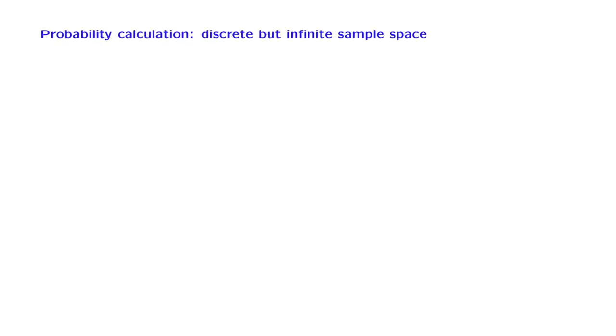We have seen so far an example of a probability law on a discrete and finite sample space, as well as an example with an infinite and continuous sample space. Let us now look at an example involving a discrete but infinite sample space. We carry out an experiment whose outcome is an arbitrary positive integer.